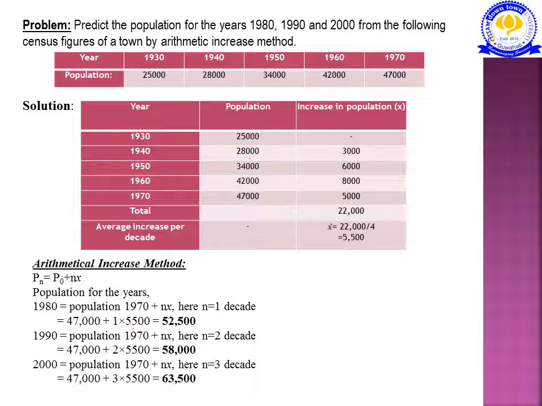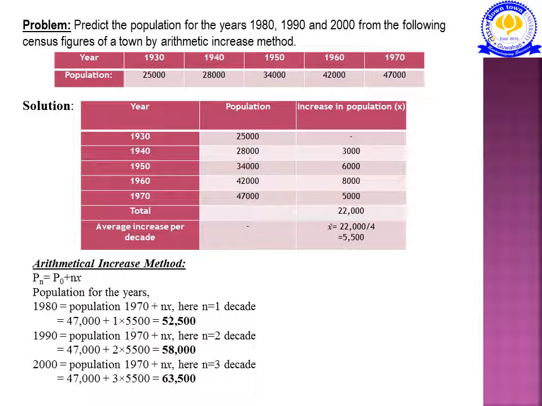Now we will use the arithmetic increase method formula, that is Pn is equal to P naught plus n x bar. What population do we need to find out? In the question it is given to find 1980, 1990 and 2000. So first we will find 1980. We will use the formula. P naught is what? The population in the previous decade, that is in 1970.